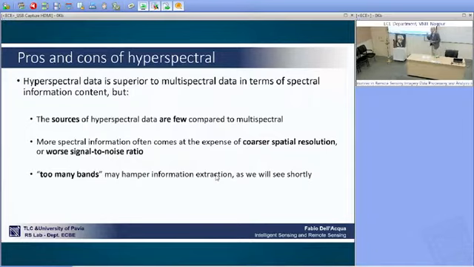If you want to have denser spectral resolution, you generally have to pay in terms of coarser spatial resolution. There's a technical reason for that.